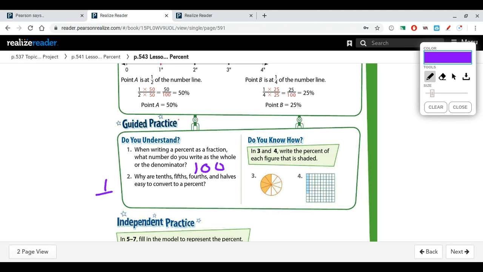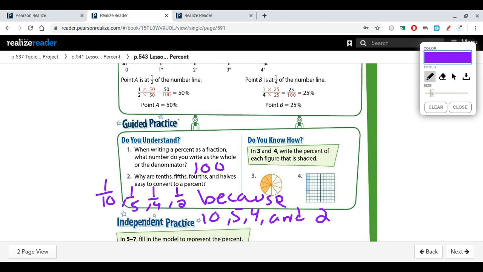They're easy to convert to percents because 10, 5, 4, and 2 are all factors of 100. As we get further in this unit, we'll talk about what we do when they are not easy factors of 100, and how we find the percent then.